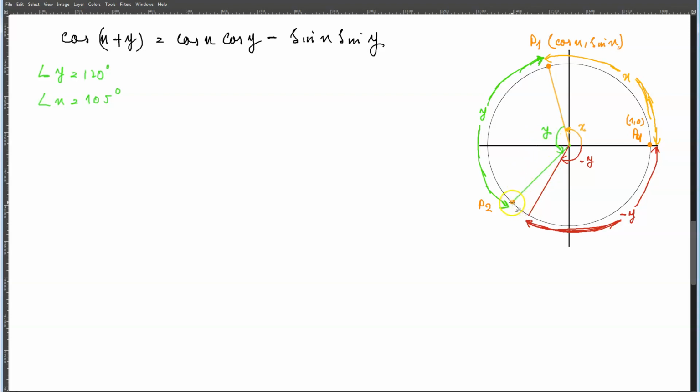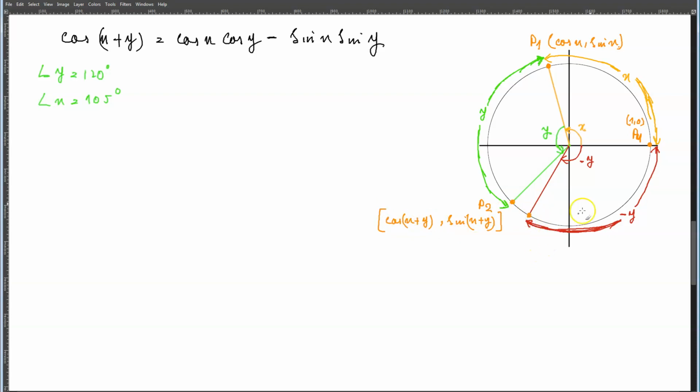So the x coordinate of this point is cos of x plus y, and the y coordinate of that point is sine of x plus y. So that is point P2.